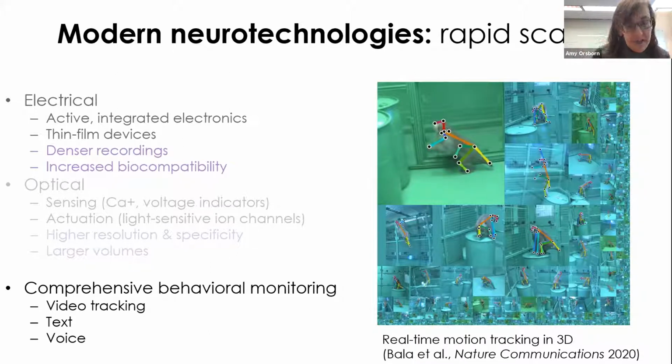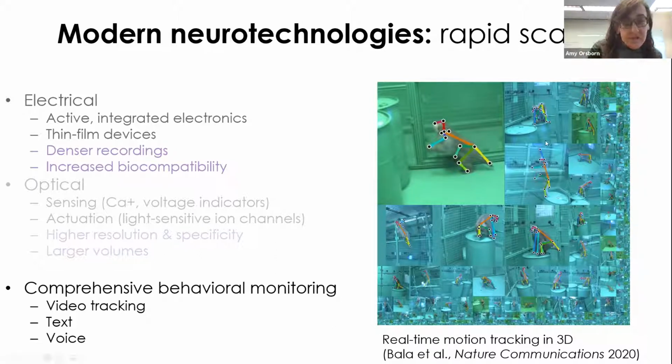And then in addition, ultimately, we care a lot about relating that brain activity back to behaviors. One of the things that's been really interesting in the last couple of years is a huge boom in using computer vision and other advanced approaches to monitor behaviors at a new level of detail.